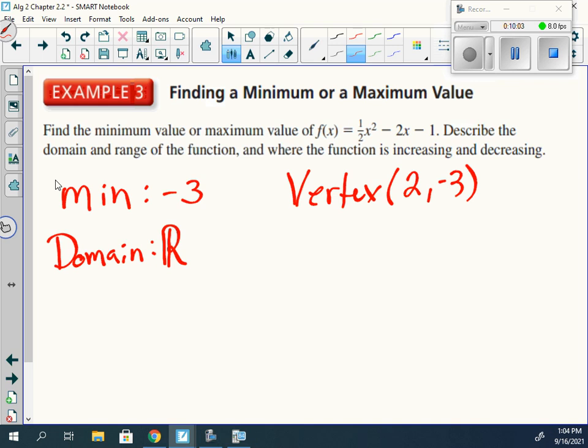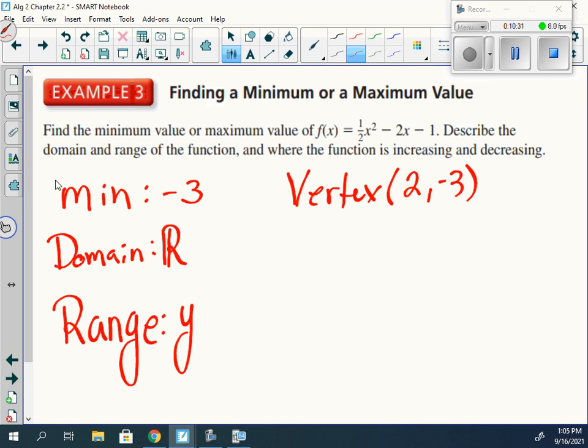The only time that we really will have restrictions on the domain is if we're talking about rational functions or radical functions, if the variable is in the bottom of the fraction or in a square root or an even root. Now the range is going to be talking about y is, well, at -3, that was the lowest or biggest point.